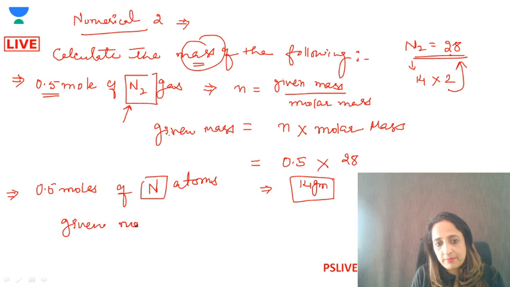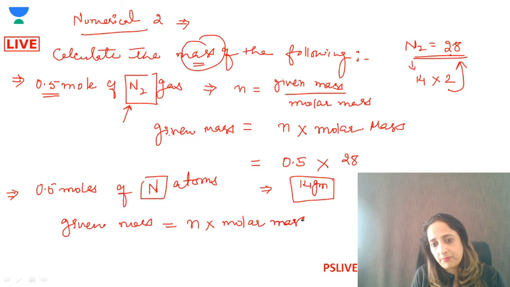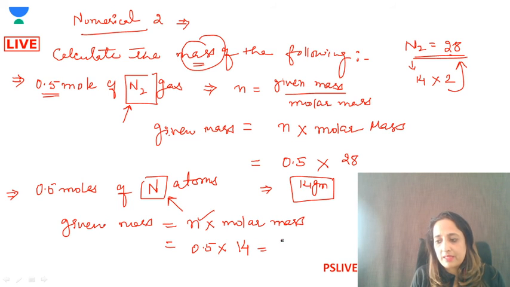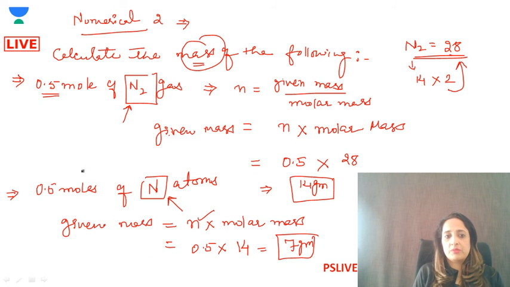Given mass is equal to n into molar mass, or atomic mass in this case. n is 0.5, molar mass of nitrogen is 14, and the answer would be 7 grams. Right? And this is clear because here it is N2 and here it is N only.